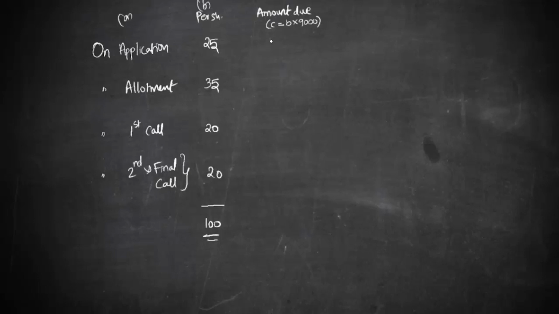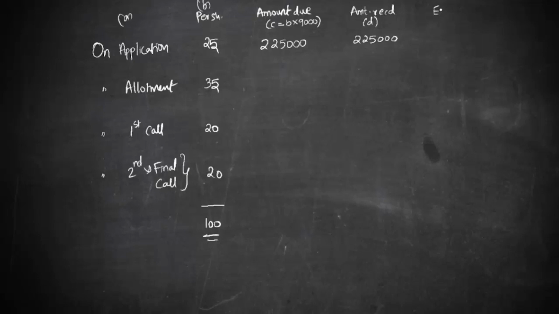So 25 into 9,000 is 2,25,000. This is the amount that is due, and that amount is received, because there is pending only with respect to the final call. So column D, the amount received, is also 2,25,000. We don't have any issue over there.